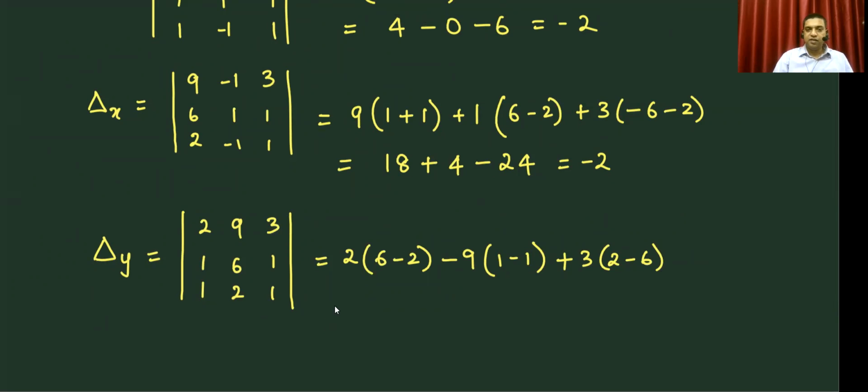Okay, so this is 2 into 4, 8 minus 0 minus 4 into -4 times 3 minus 12. So you get -4.